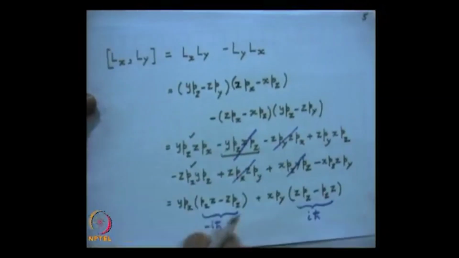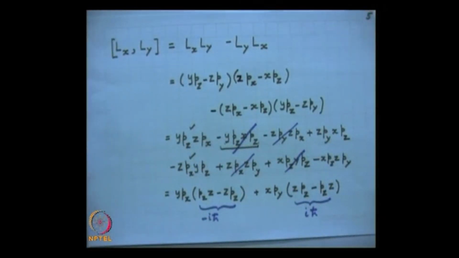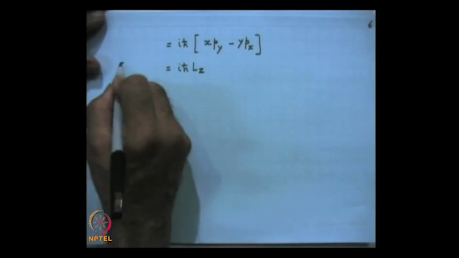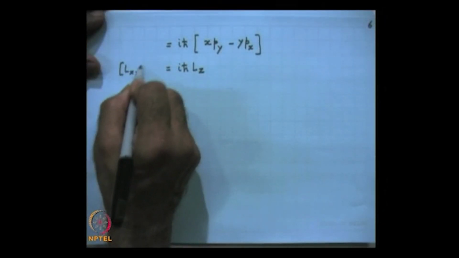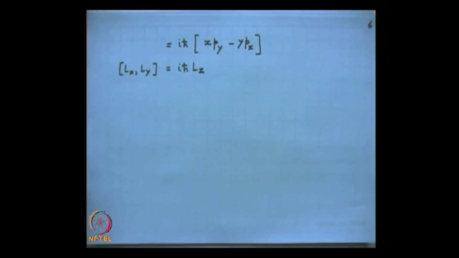The left hand side, as we had written before, was Lx comma Ly. So, Lx and Ly, the x component and the y component of the angular momentum, do not commute, and the commutation relation is Lx Ly is equal to i h cross Lz.